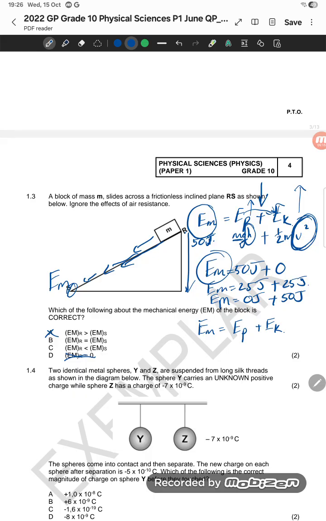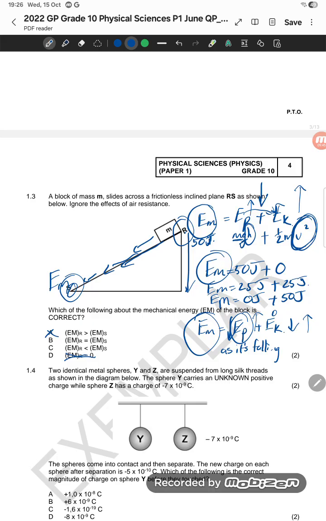So as this increases, this will decrease as it's falling. The movement energy is 0 at the top. But then as it comes down, the movement energy starts to go up. But the mechanical energy stays the same at both points.